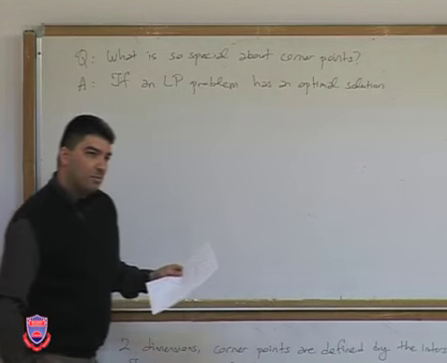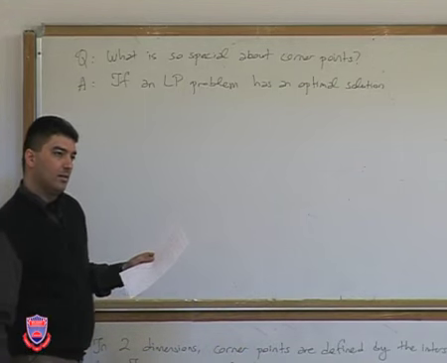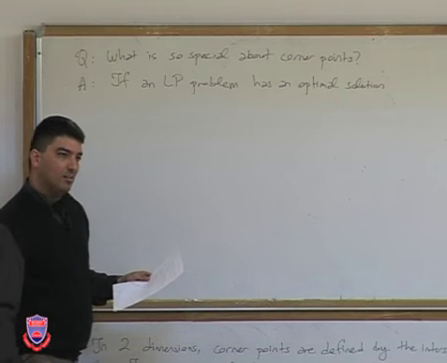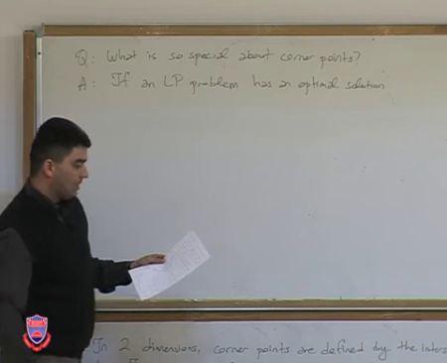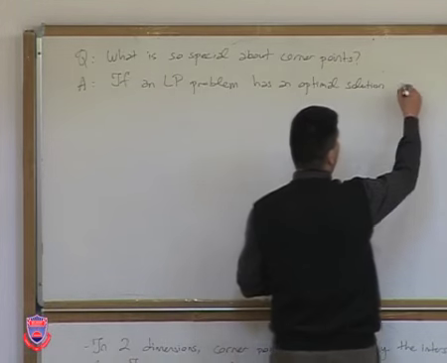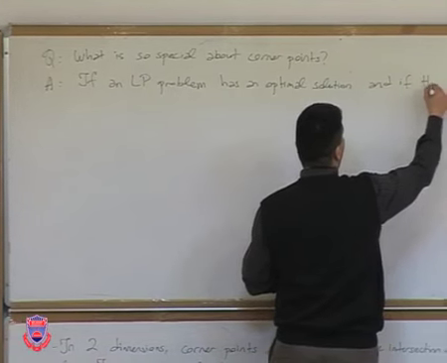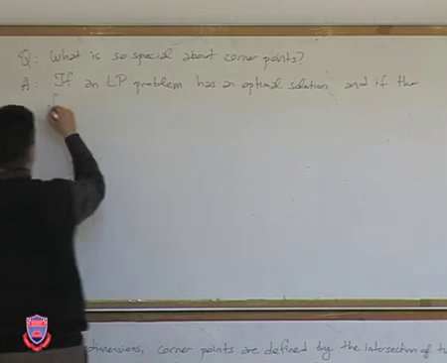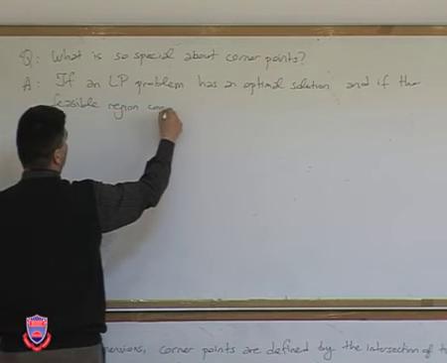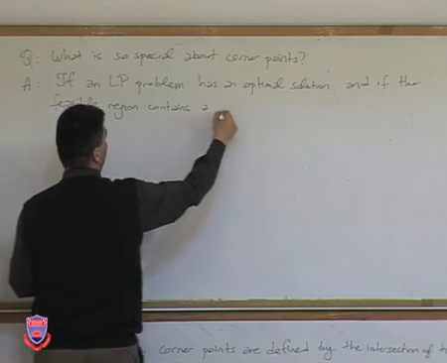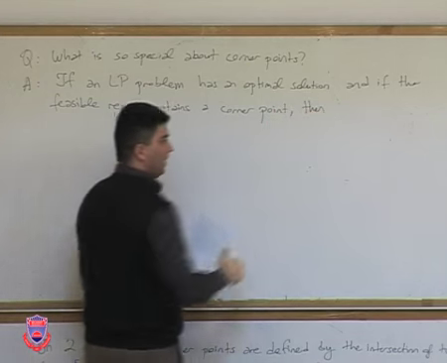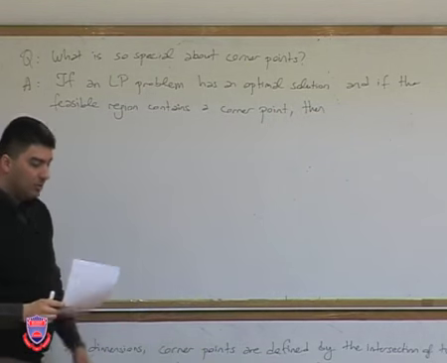remember, there are LP problems which have no optimal solutions, right? The problem can be infeasible, or the problem can be unbounded. In such cases, there is no optimal solution, but in every other case, there is an optimal solution. So if an LP problem has an optimal solution, and if the feasible region contains a corner point, and we already know which LP problems have corner points, okay?